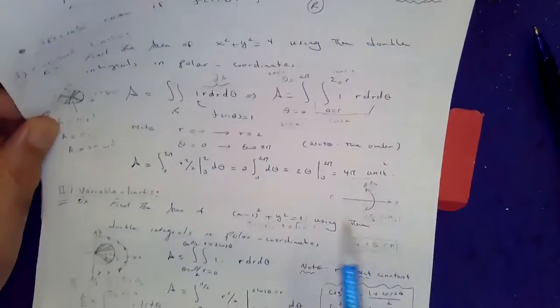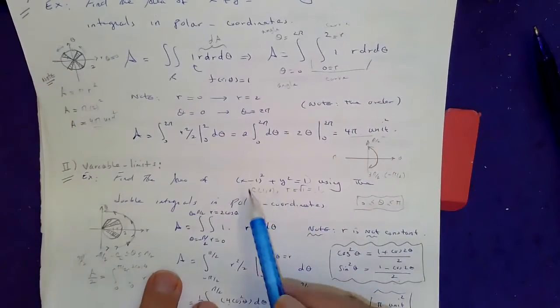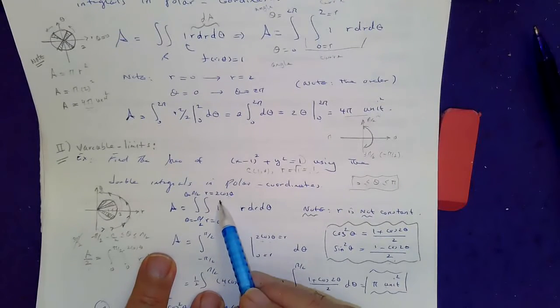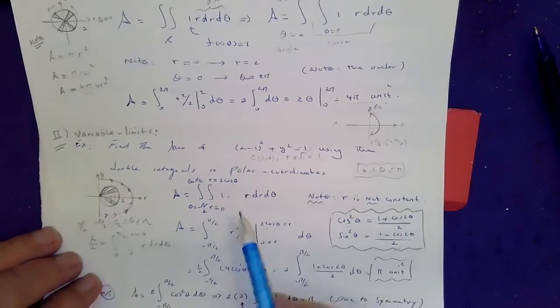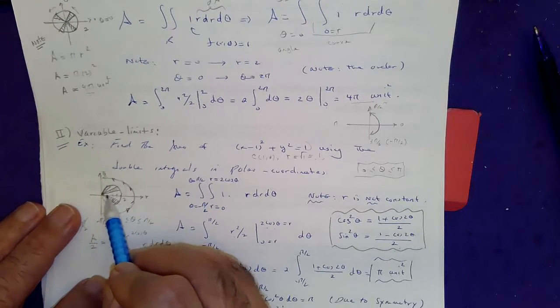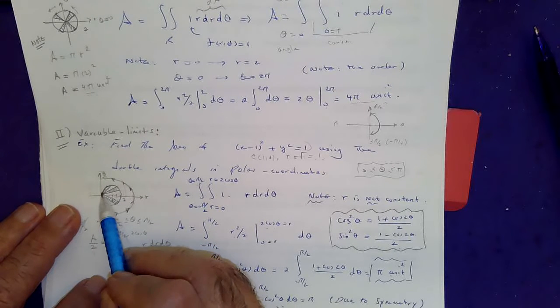However, if you go back to that off-center circle, then now we have a problem. So r does not go from 0 to 2. Why? Because this is off-center, and you always draw the slice of pizza initiating from the pole.